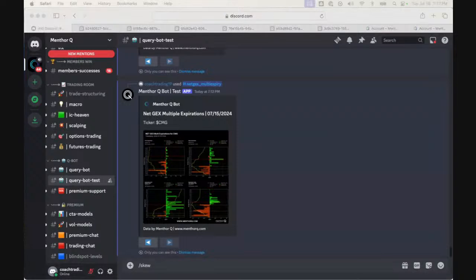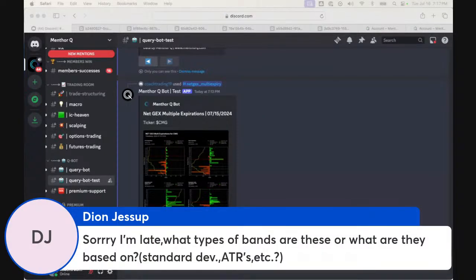Another question: what type of bands are these? These are not related to technical analysis, so it's not involving standard deviation or ATRs or Bollinger Bands. They're based on options data and also momentum factors, but most likely options data, gamma, delta, and other quantitative measures.